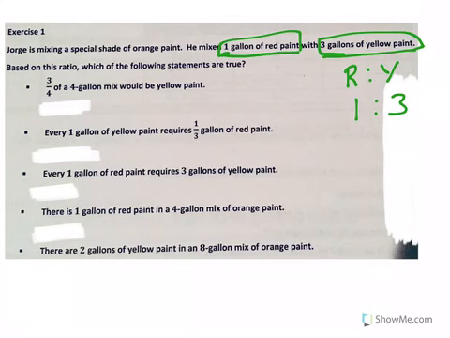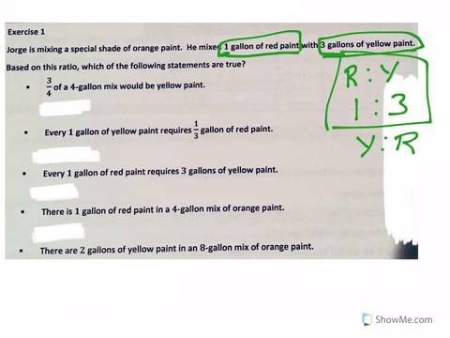Well, there'd be 4, right? 1 and 3. They could also expand that. Also, we may want to go the other way, yellow to red. Well, I know that ratio, yellow is 3, red is 1.